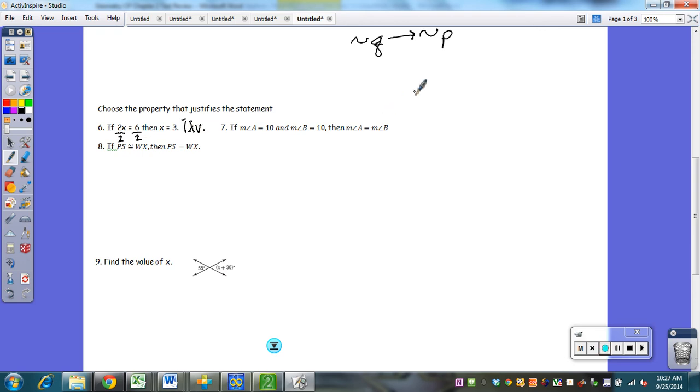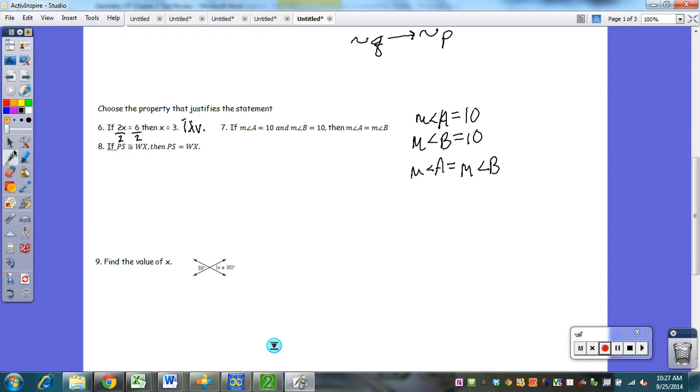Now, if I have here the measure of angle A equals 10, and then we also have the measure of angle B equals 10, so therefore, the measure of angle A equals the measure of angle B. So two different ways you could look at this.